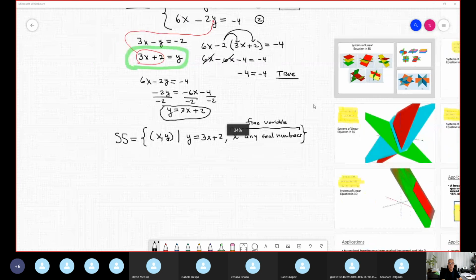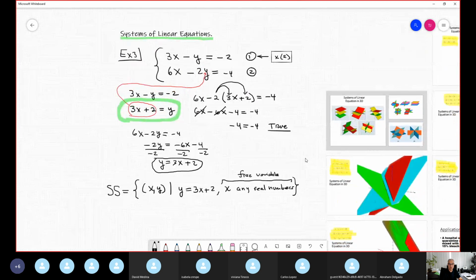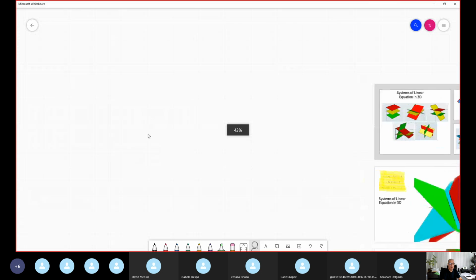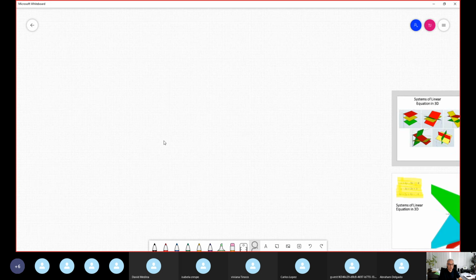So far, we are doing this idea. Okay, we have three possibilities. For example, this is the analysis in 2D. Summary in 2D.